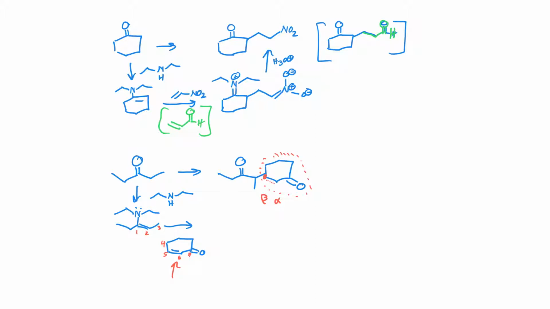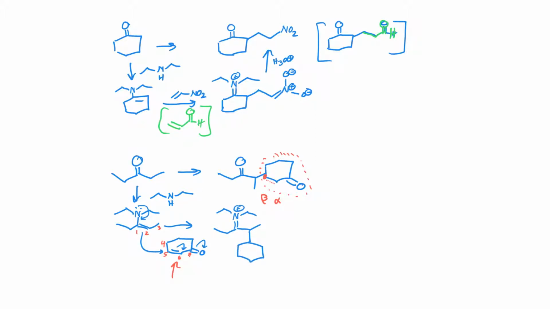I'm going to create a bond between carbons 2 and carbon 5. I'm going to create a new pi bond between 6 and 7. I'm going to push electrons onto the oxygen. There's my new bond to 5.